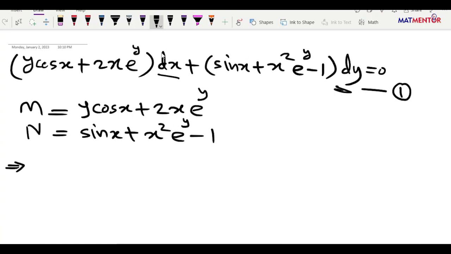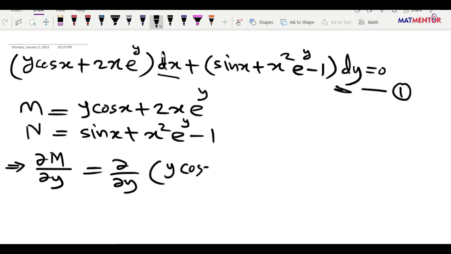First, we will differentiate M partially with respect to y. So ∂M/∂y = ∂/∂y (y cos x + 2x e^y).